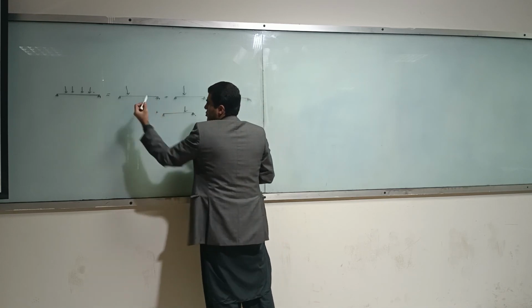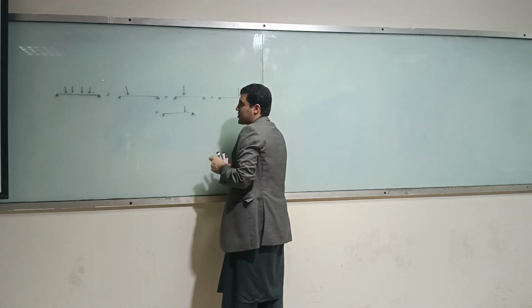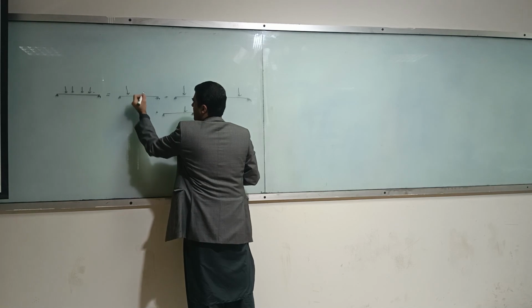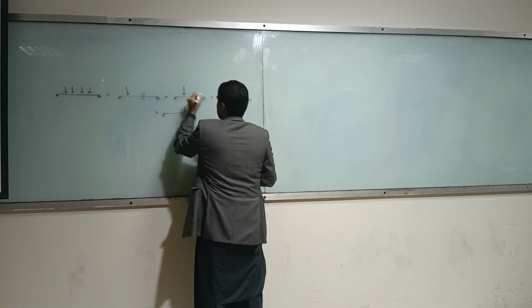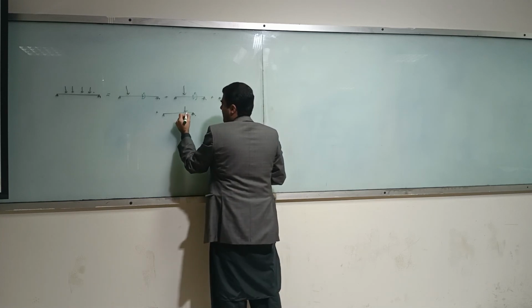Any unknown effect which I'm after, I can easily calculate that. By unknown effect I mean we can have shear, we can have moments, shear and moment diagrams, or you can have deflections.